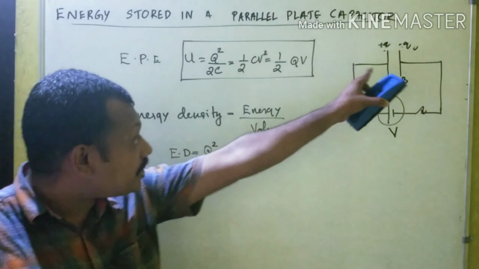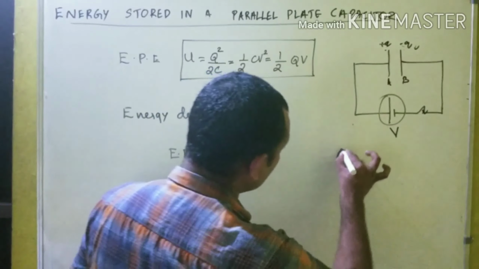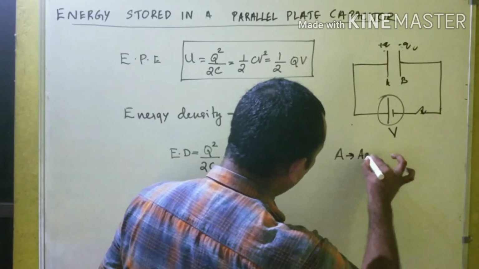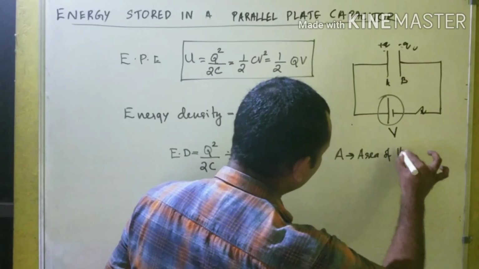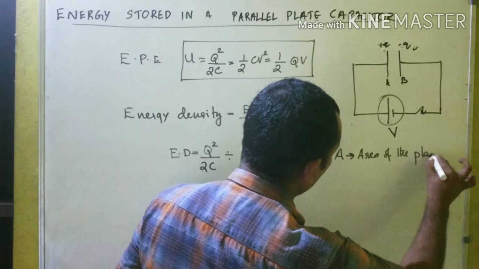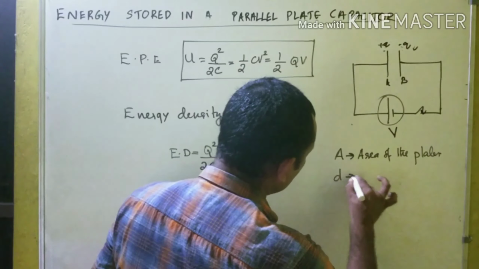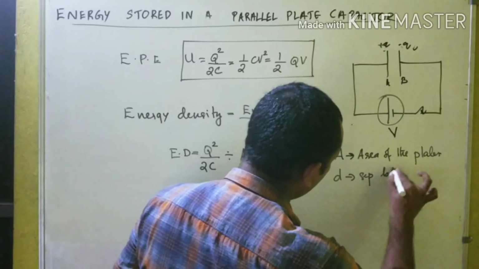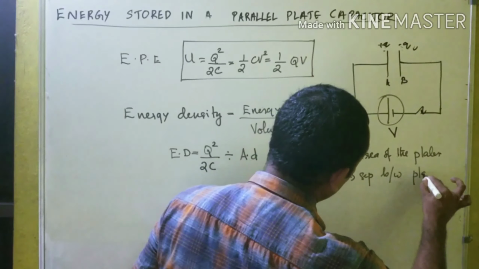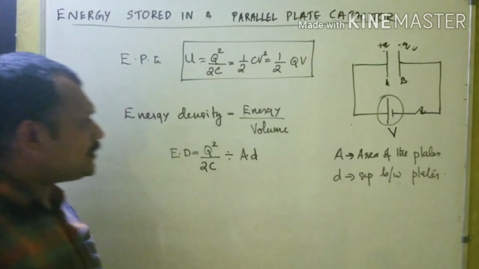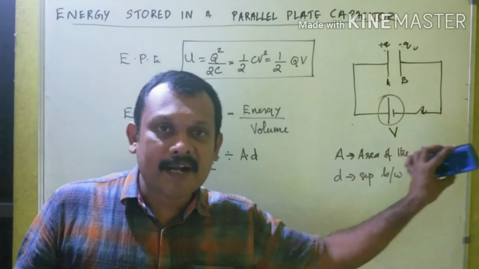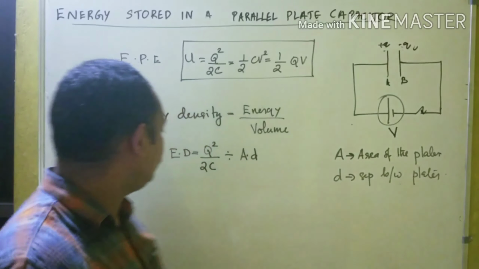The separation between the plates. A is area of the plates and small d is the separation between the plates of the capacitor.